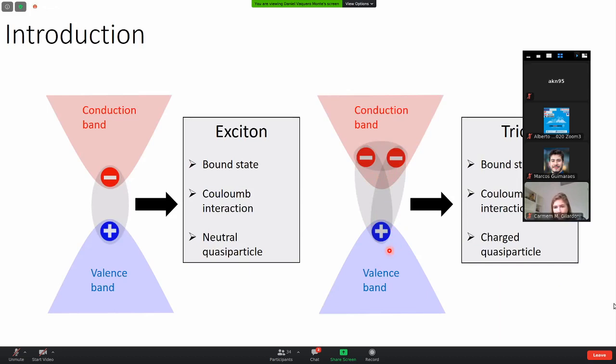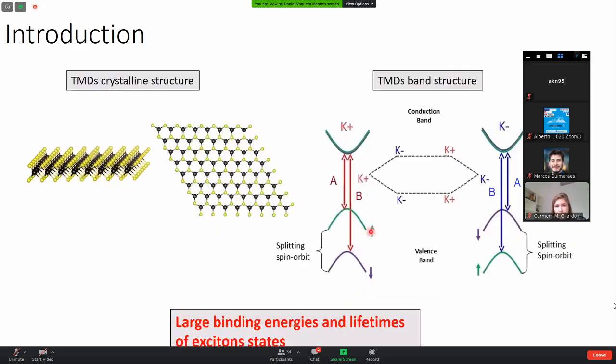There are many works that use TMDs as a platform to study this exciton physics, and that's because transition metal dichalcogenides are 2D materials with this structure that we have seen before, and this gives them this band structure that is represented here with 6 valleys, and here we have the different direct optical transitions that we have in these materials.